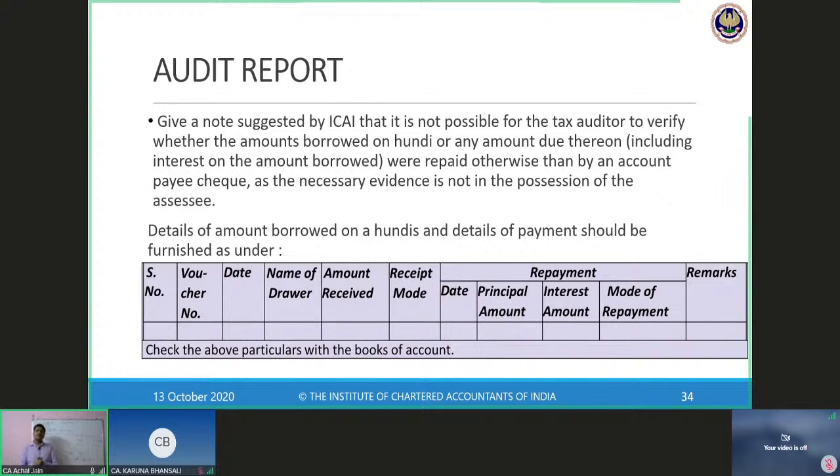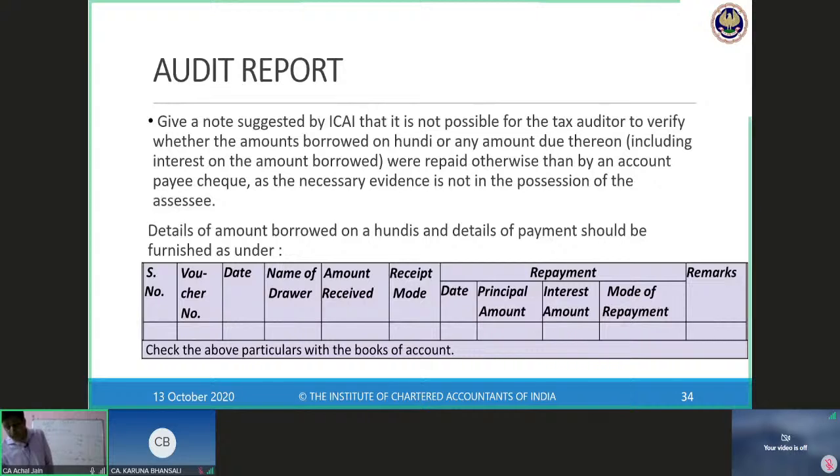Because the cheque is not with the assessee now. So how can he check it? No, he cannot check it. So what are the details that will be required to be furnished? Voucher number, date, name of drawer, amount received, mode of receipt, repayment, which will include date of repayment, amount, meaning principal and interest separately, mode of repayment, remarks.